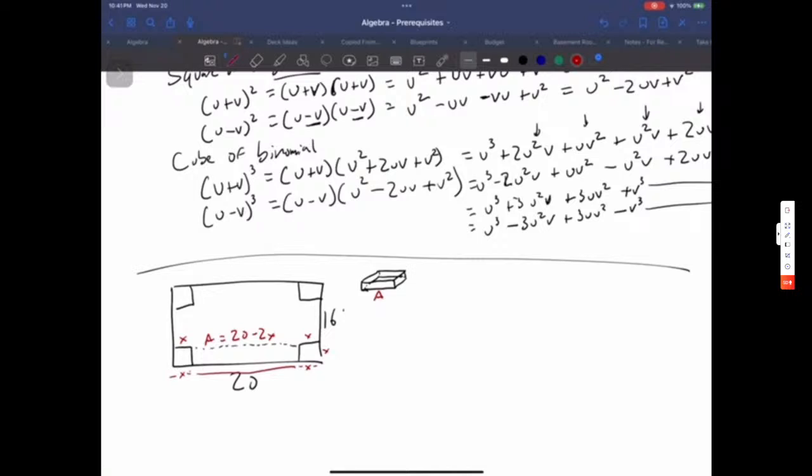Similarly, you have 16 minus 2x here for the length of this side. We're going to call it b. And so, what if I wanted to find the volume of this box? Well, right away, I know that the volume of the box is going to be the height.